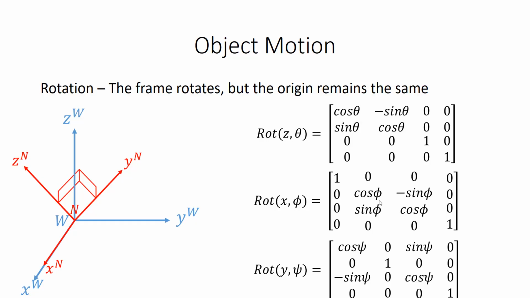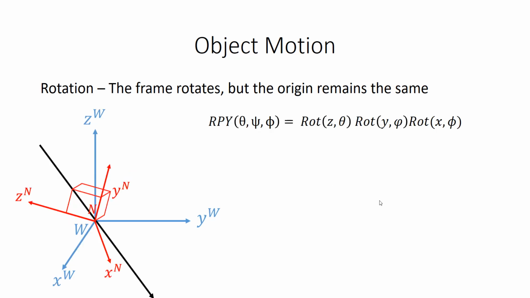That is very useful, but oftentimes we actually want to represent motion around some arbitrary axis. If we have this black arrow just pointing straight through space, how would we represent rotating the object around that? The way we do that is we take rotations around z, y, and x and multiply those together.